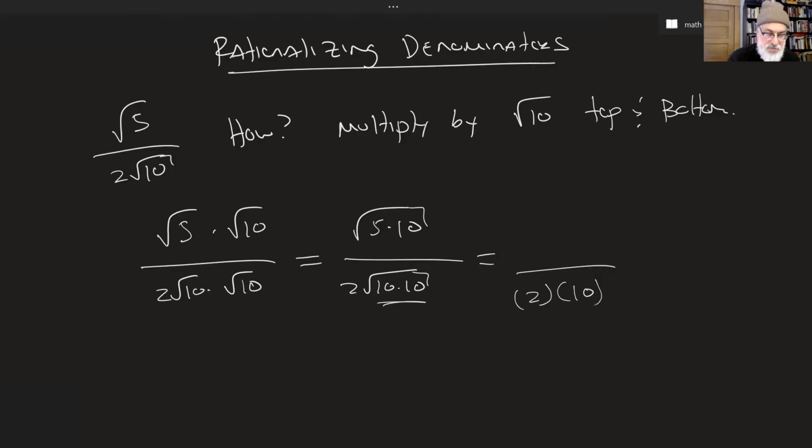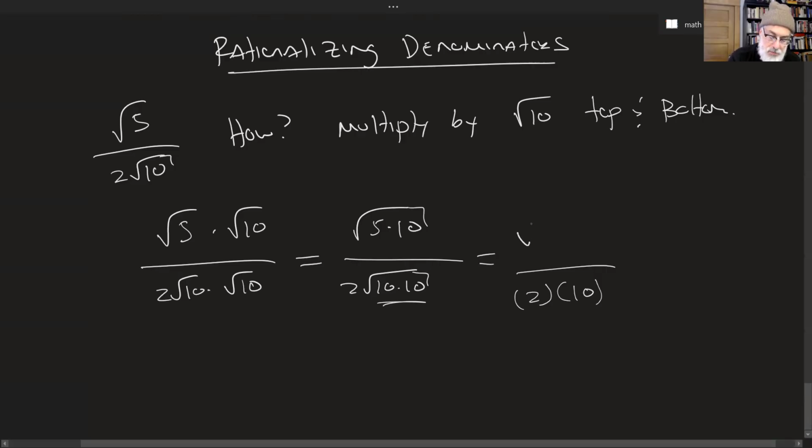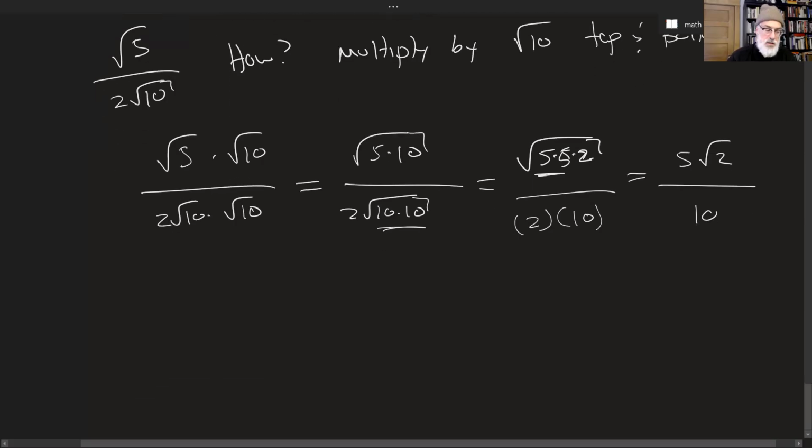This is the square root of 10 times 5, and 5 times 2 is 10, so I can write it as 5 times 5 times 2. I can bring out a 5, and the square root of 2 stays, over 10. Of course, we can simplify 5 over 10 as 1/2. So this is the square root of 2 over 2.